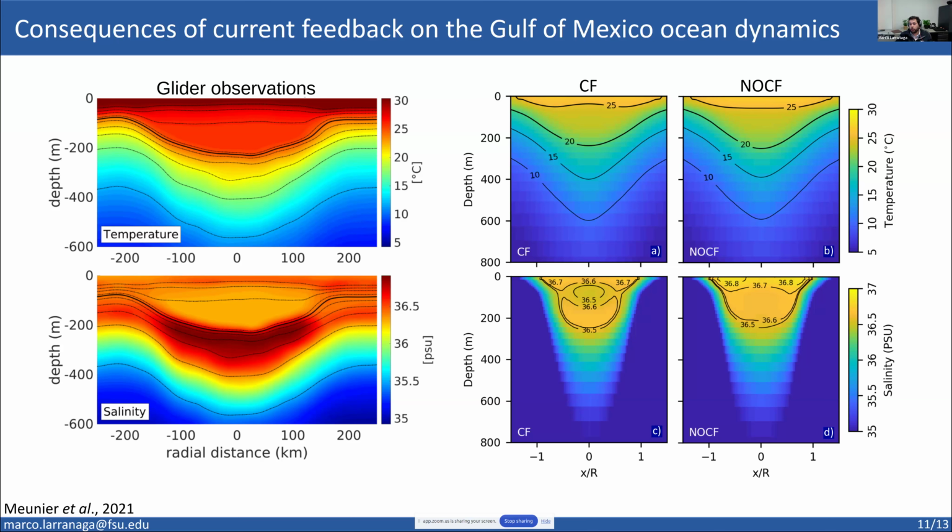So, for example, if we use these results to try to forecast the intensification of hurricanes, we are going to overestimate their heat fluxes, and we are going to over-intensify hurricanes. In the salinity, we also see a stronger salinity at the surface, and we miss the two eddy cores. I mean, there is only one core that is well mixed. So the current feedback largely modifies the properties of the eddies that are detached from the loop current.